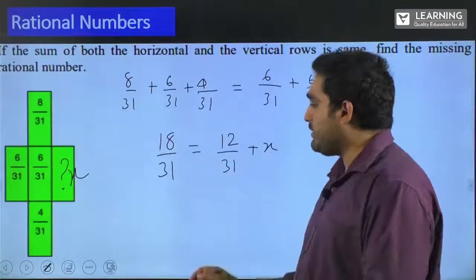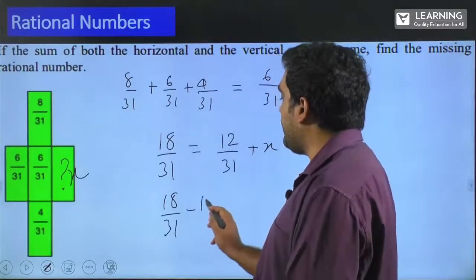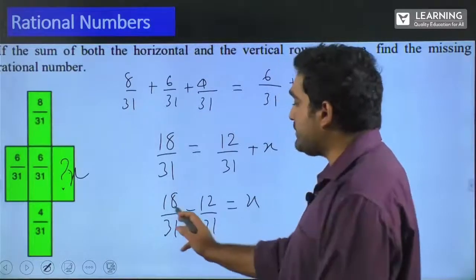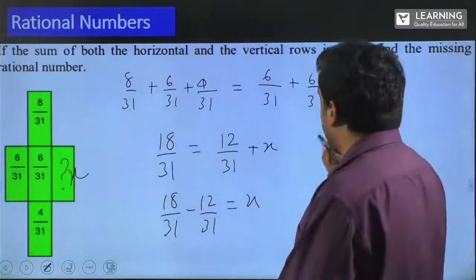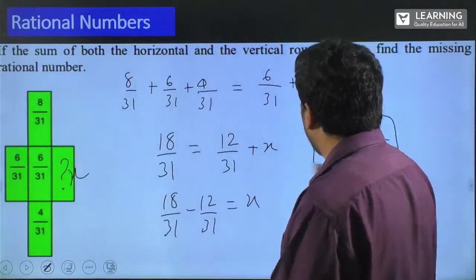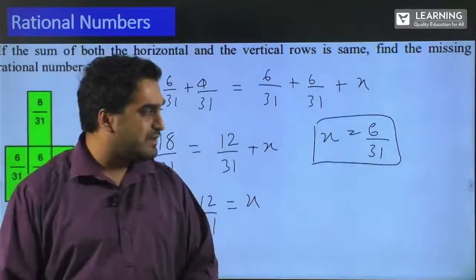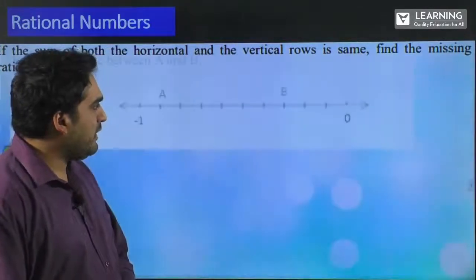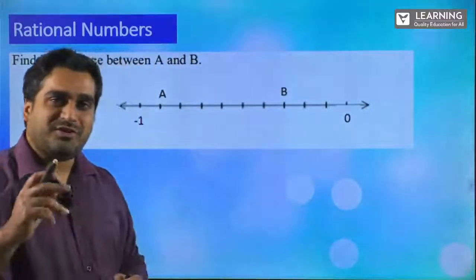Transpose this 12 by 31 to the other side, so you get 18 by 31 minus 12 by 31 equals x, and 18 minus 12 is 6, where x equals 6 by 31. So the missing number is 6 by 31. All right. If that is the case, we move on to the next question.